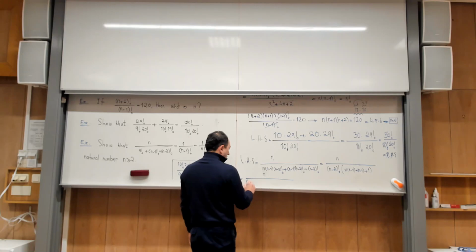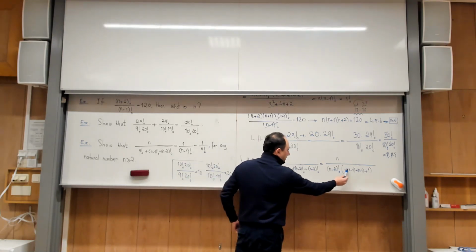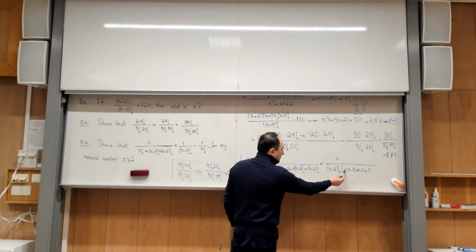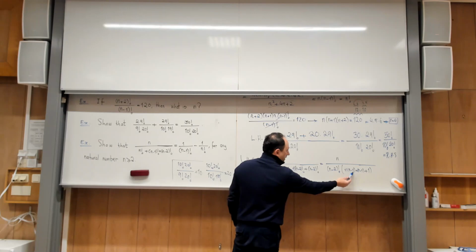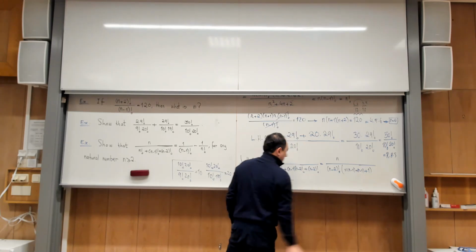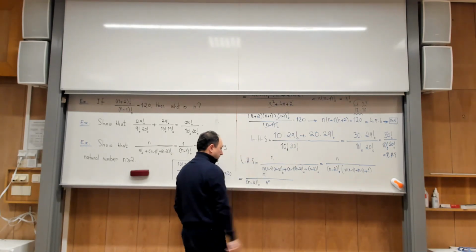N minus 2 factorial, and then I multiply this n squared, and then I multiply this minus n. This minus n will cancel that n, and this minus 1 will cancel that 1. So this means that I don't need any pairs of brackets actually.